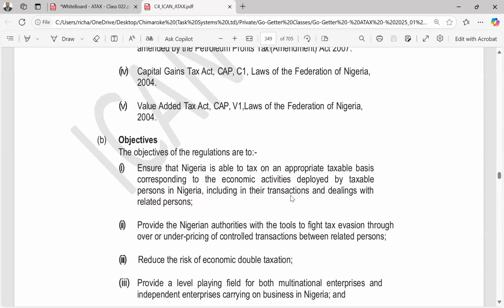And if it's an allowable deduction, it means it is to reduce your assessable profit, and in turn reduce your taxable profit and your tax. So imagine, instead of paying 20%, you pay 50%. That means a large chunk of money has been allowed.